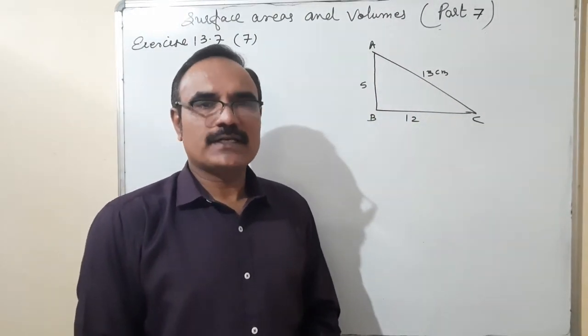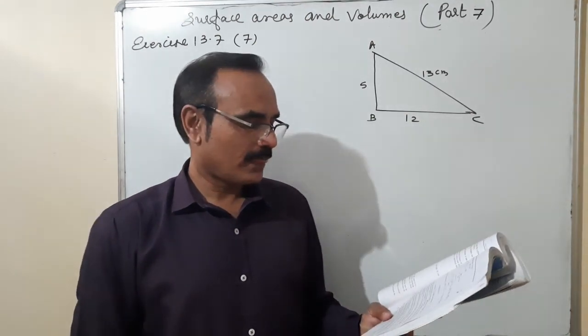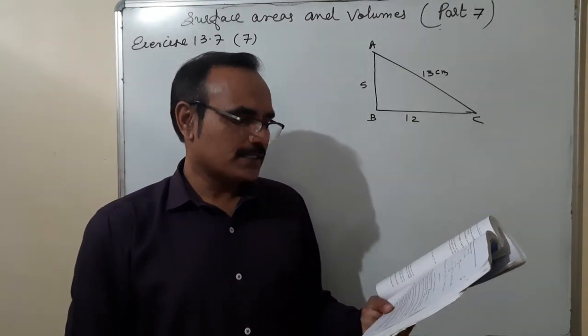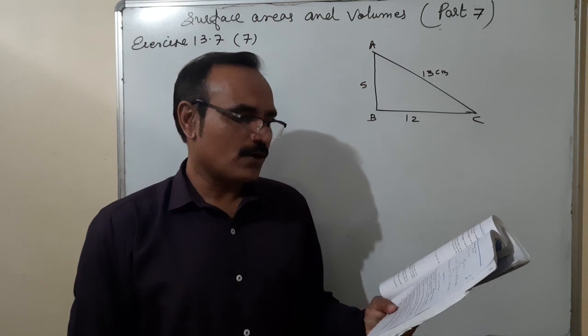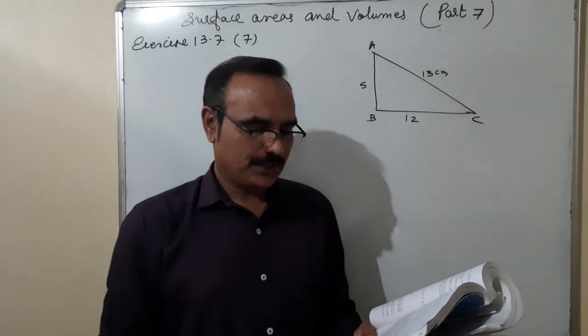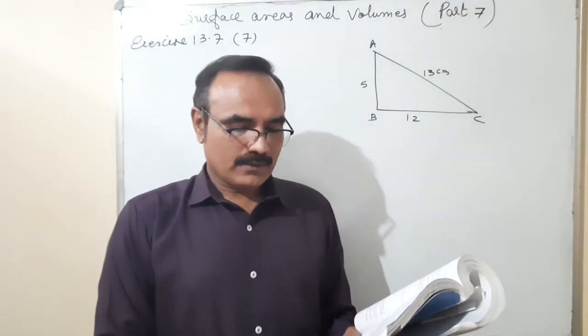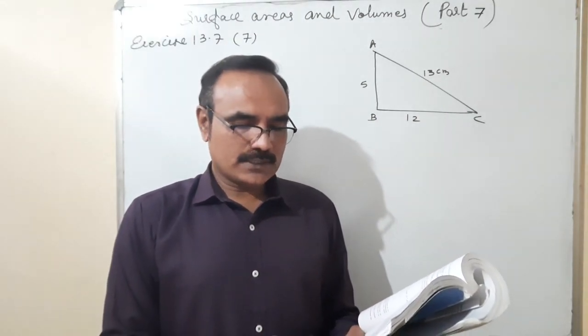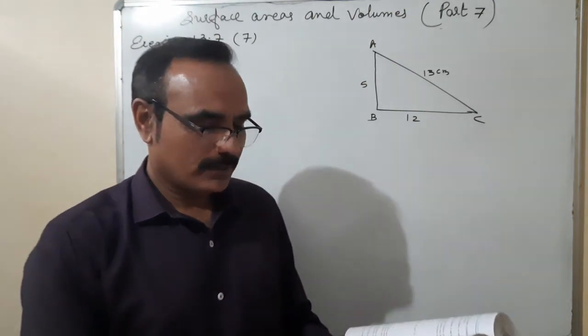Okay. That means the triangle ABC is a right angle triangle. ABC sides 5, 12, 13 centimeter is revolved about side 12 centimeter. Okay. Find the volume of the solid so obtained.